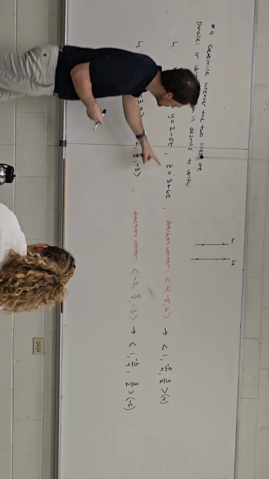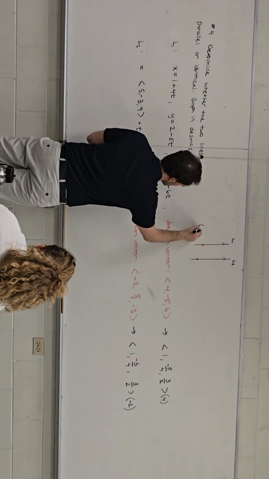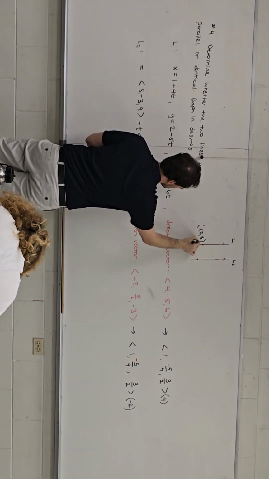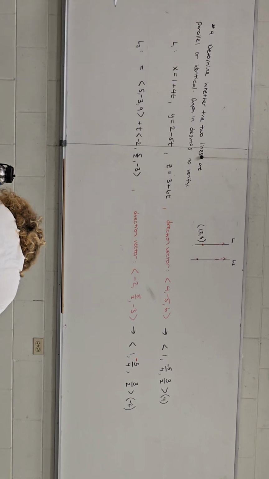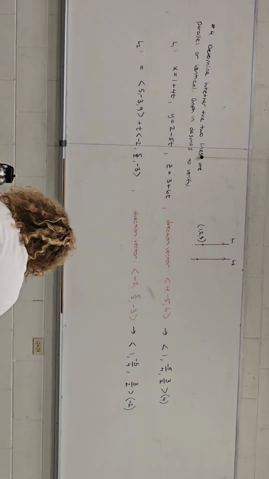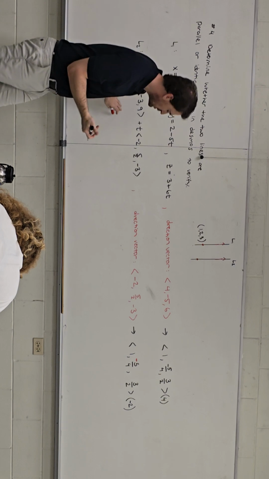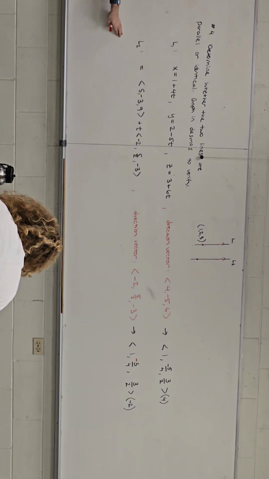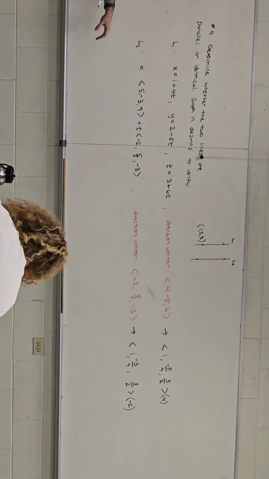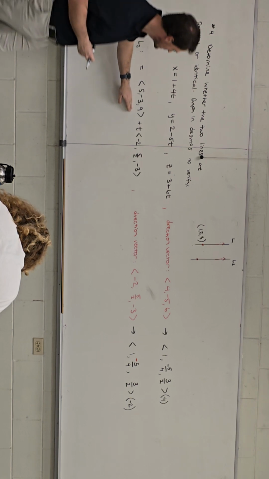That means this 1, 2, 3 is a point on the line. And now for L2, give me a point on the line. 3, 9. Yeah. This is a point on the line.